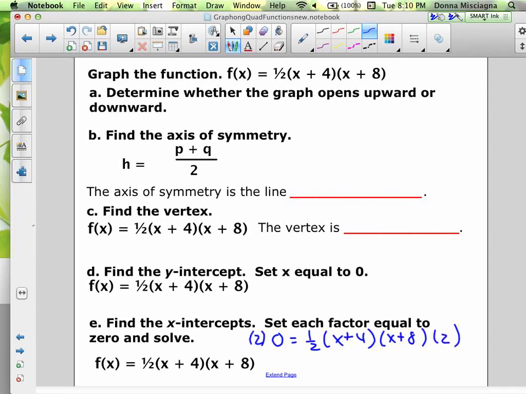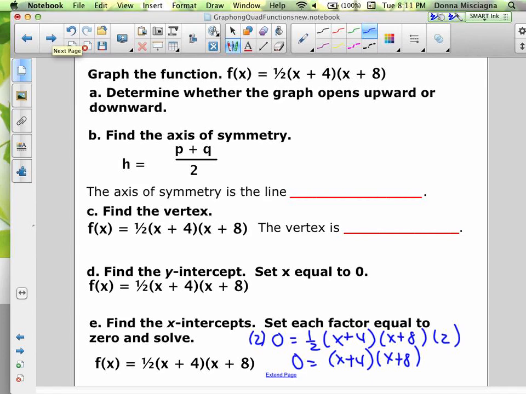However, it's not going to change 0. So essentially, what you're going to have is just the product of your factors set equal to 0. So instead of multiplying both sides by 2, which isn't going to change the 0 at all, you could just set your factors equal to 0.